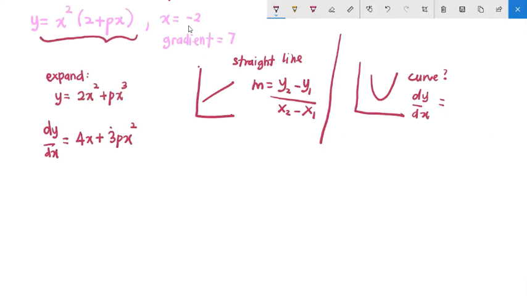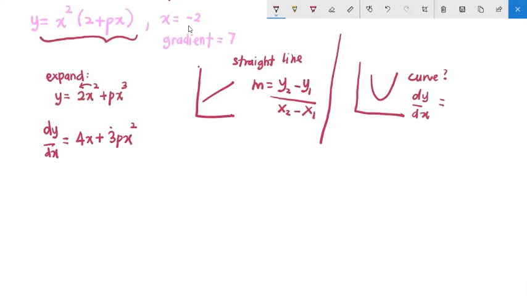Okay, differentiation for basic differentiation, semua power yang ada dekat x kita akan minus 1. So that's why to differentiate the equation y equals 2x squared plus px cubed, bring all the power to the front. Okay, so 2 times 2 is 4, x, 2 minus 1 is 1, plus 3px squared.